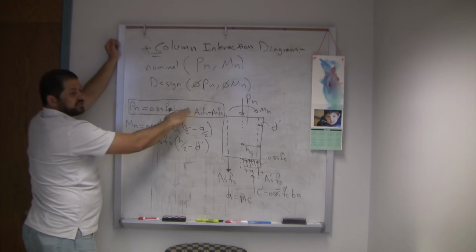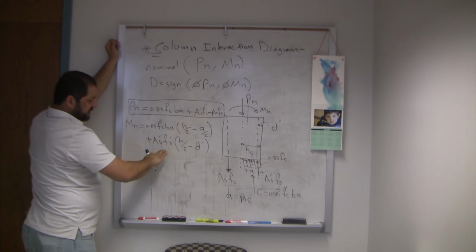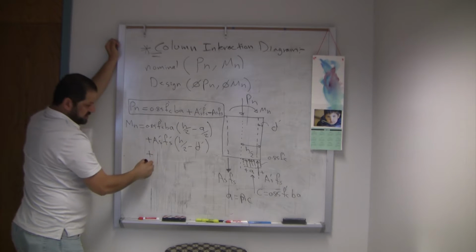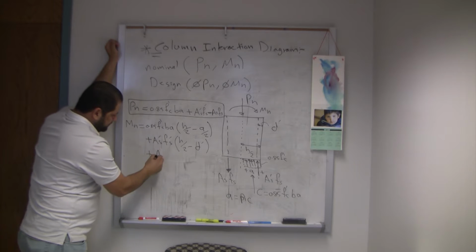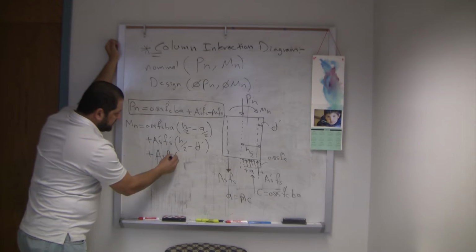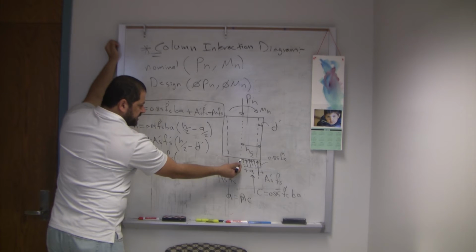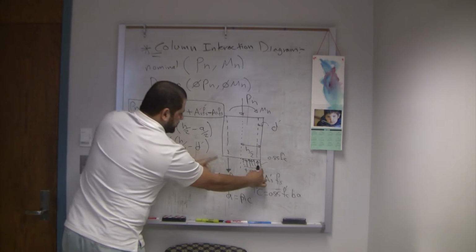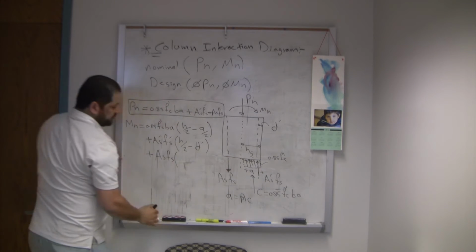And the sum of the forces in the y direction equal to 0, it was minus. But now it adds, so plus As fs. What's the distance from this force to the center of the column? The distance from here to here is d minus h over 2.